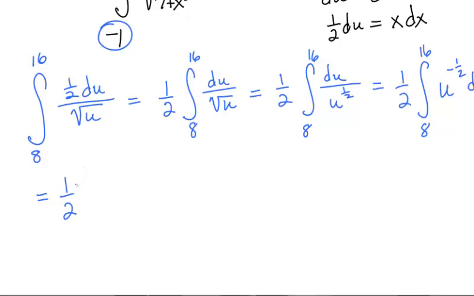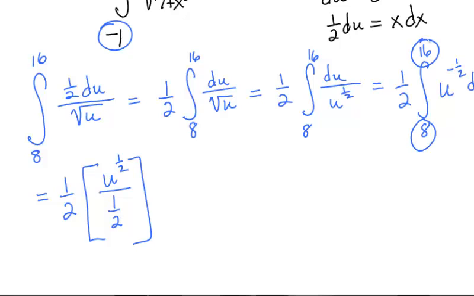Now I'm going to do the antiderivative, so I'm going to add 1 to that exponent, so that would be u to the 1/2 power, divide by the new exponent, divide by 1/2. Now, there's no plus c on here because we have values, and we know what the values are in terms of u, and usually they're going to write it like this, from 8 to 16. They'll put it on the right side.